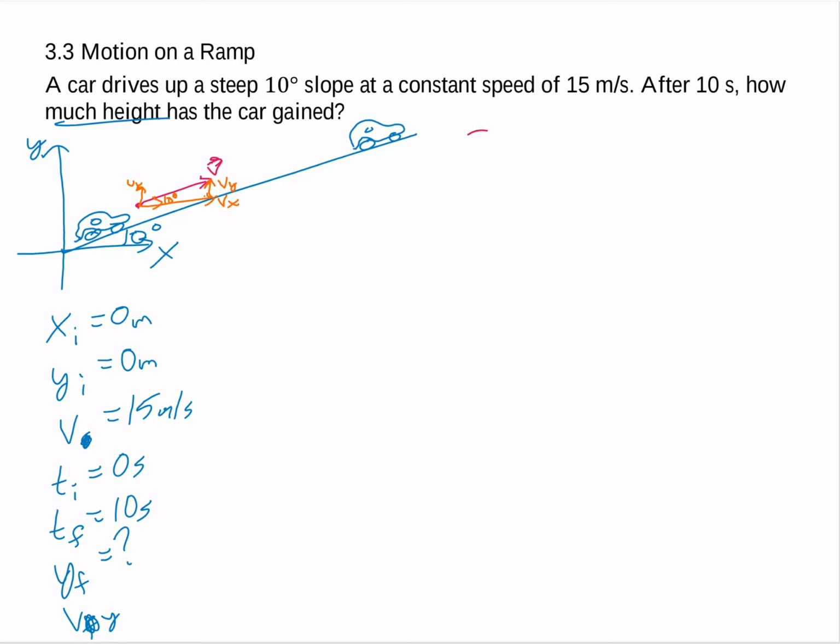So sine theta equals V sub y over V. That means V sub y equals sine theta times V. So that is V, which is 15 meters per second, times sine of the angle, which is 10 degrees. Make sure you're in degree mode on your calculator before you do this. And what do we get for V sub y?